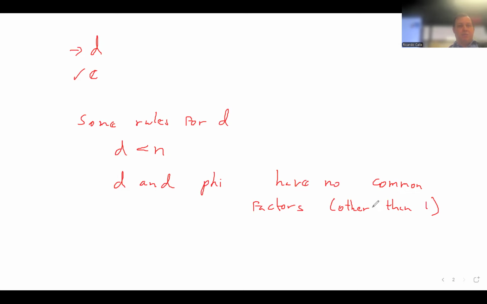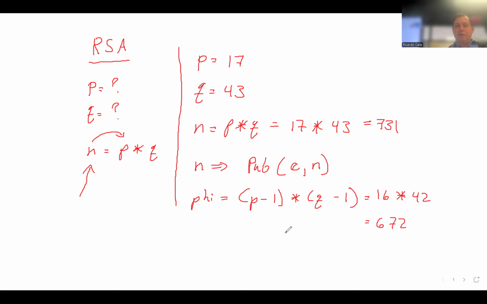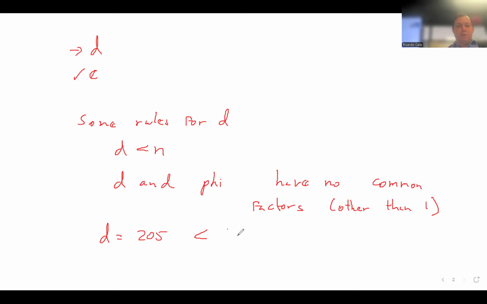So for this scenario, D can be equal to 205, for instance. 205 is less than N, which is 731, so it meets that condition. Then we can look at phi.